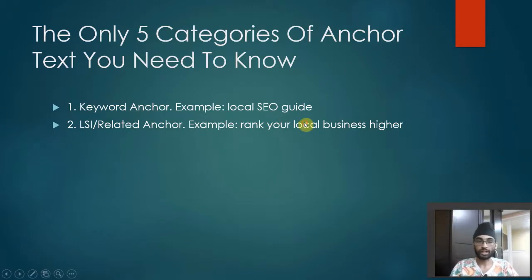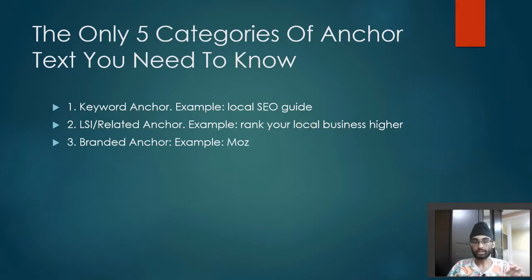So hope you're getting the idea here. The third type of anchor text is what I call branded anchor text. Branded anchor text basically means the anchor text used is your brand name. For example, let's say your business name is Moz, then you link using the anchor text Moz.